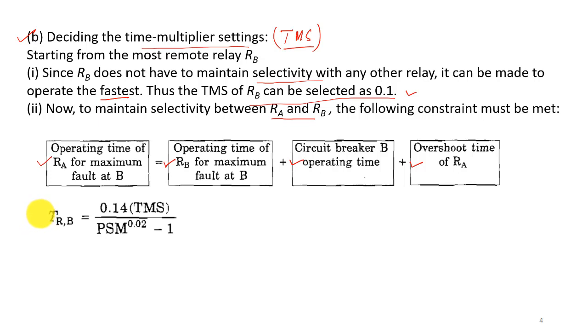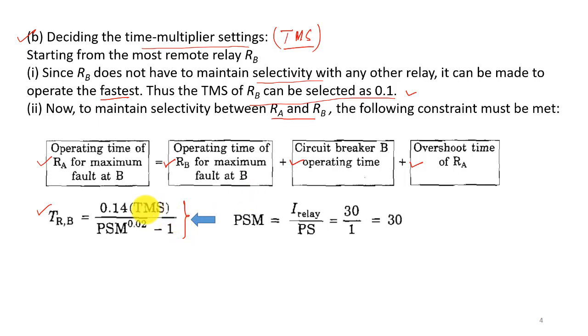So if I substitute TRB, that is the operating time for relay B, I can write the equation 0.14 into TMS divided by PSM to the power 0.02 minus 1. This is the standard IDMT equation.